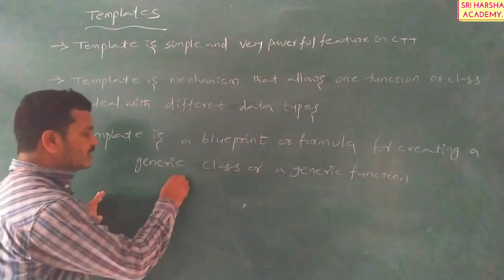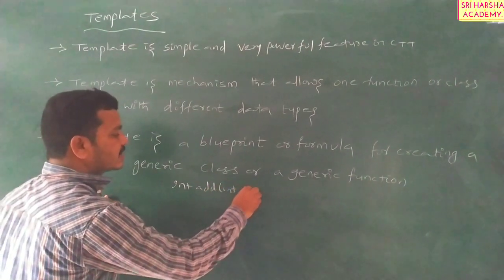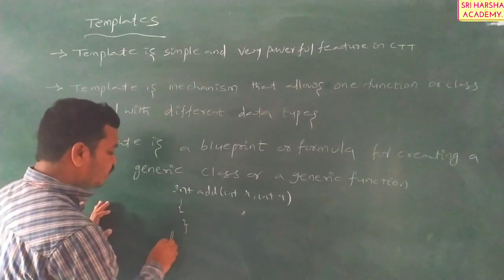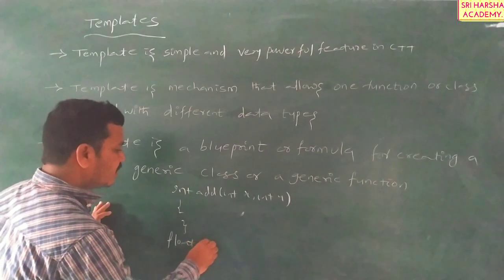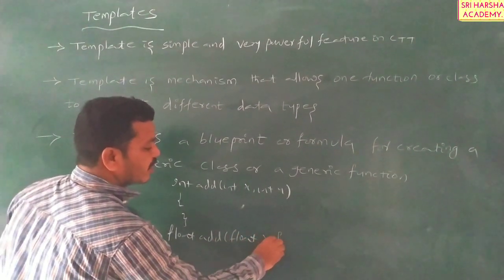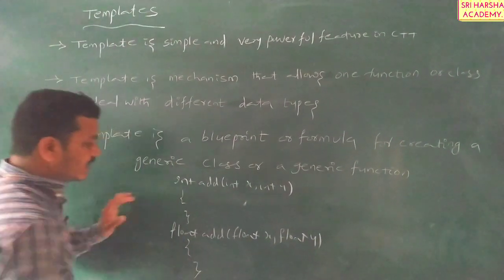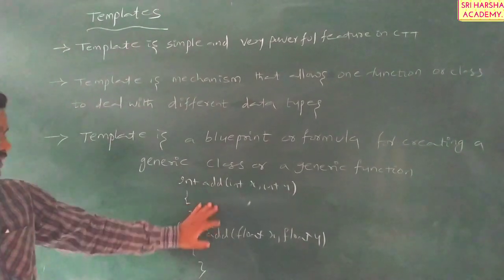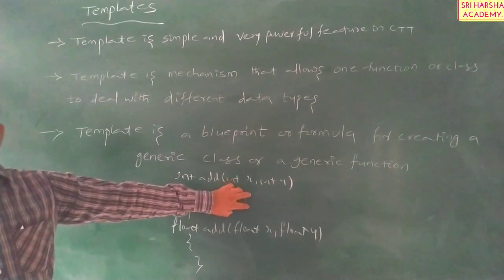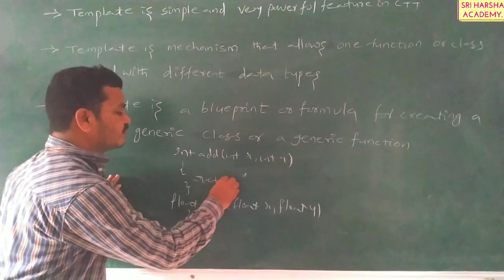Suppose integer addition of integer x, integer y, then float addition of float x, float y. Here the two function names are addition. The first addition function takes integer arguments and returns x plus y.